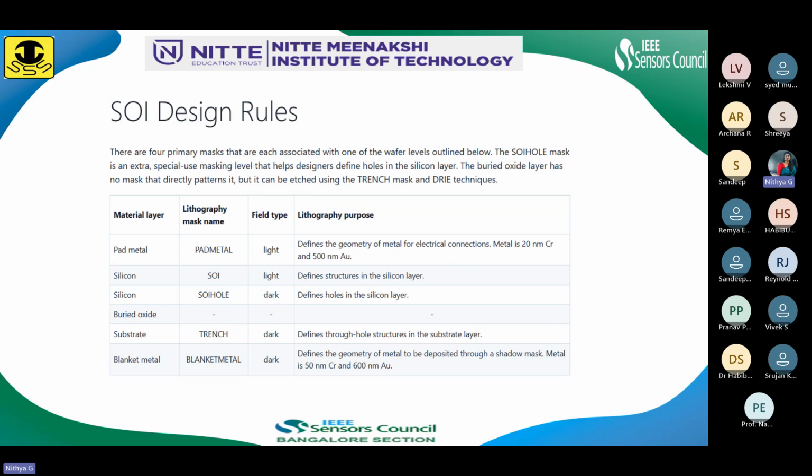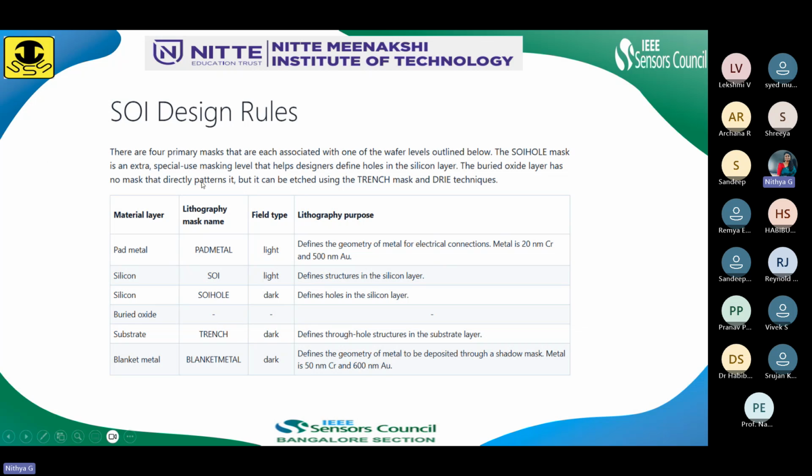Instead of defining the silicon and, within the structure, a circular hole, we can directly tell the foundry, with the help of a SOI hole layer, a mask layer itself, which can easily create hole structures in the SOI device layer.